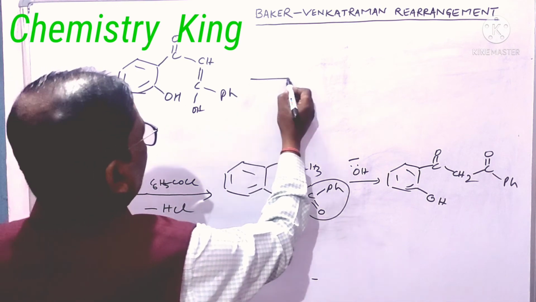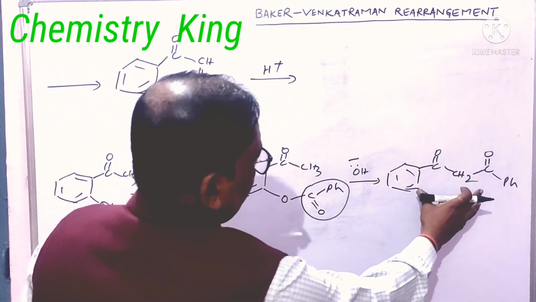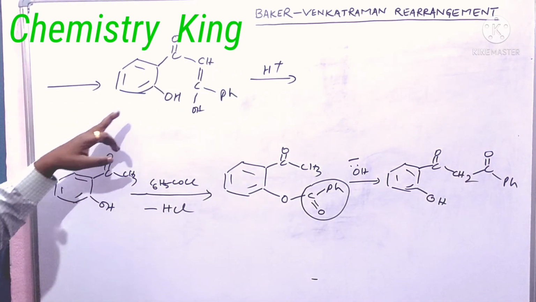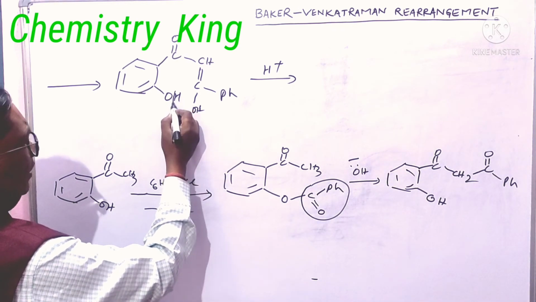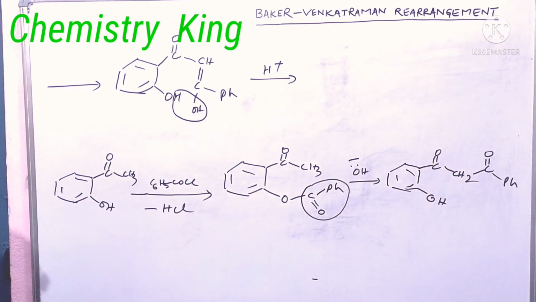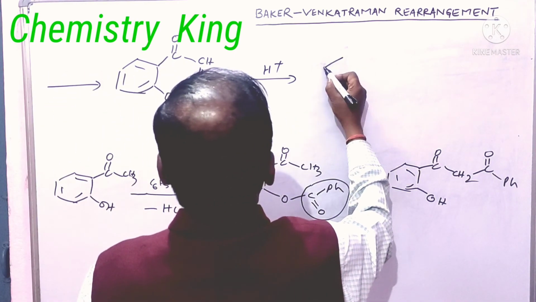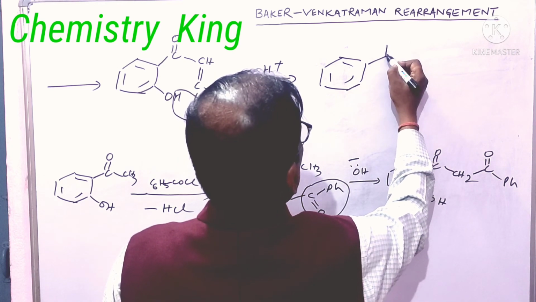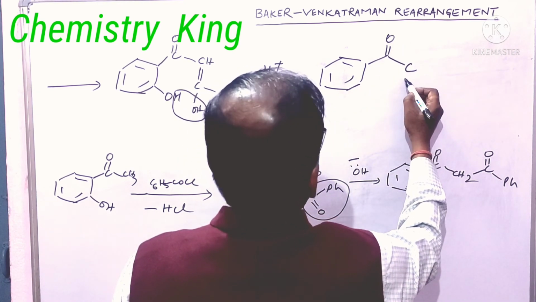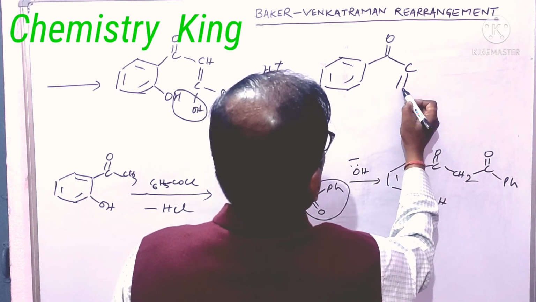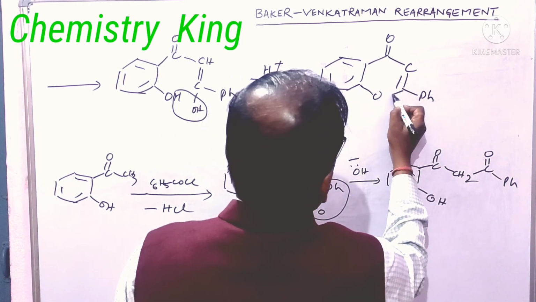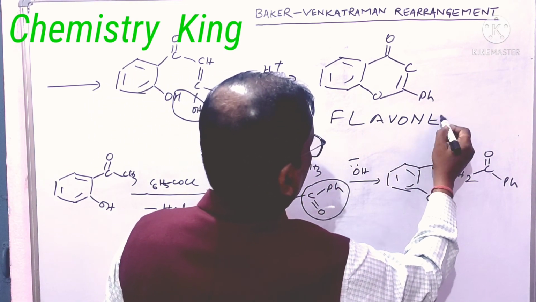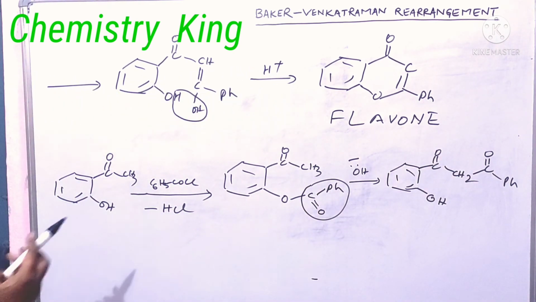Okay. On acidification, this is the keto form and it enolizes leading to this. Now on acidification, this water will be eliminated leading to this: double bond O, CH, double bond, Ph, O. This is flavone, a very, very important compound, right?